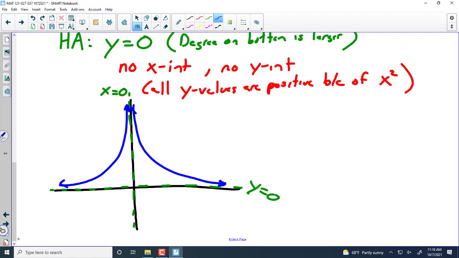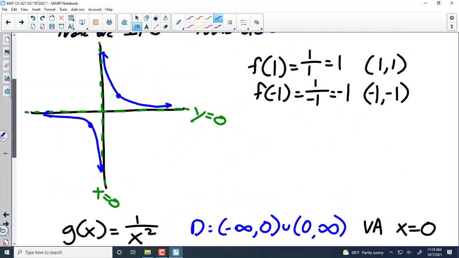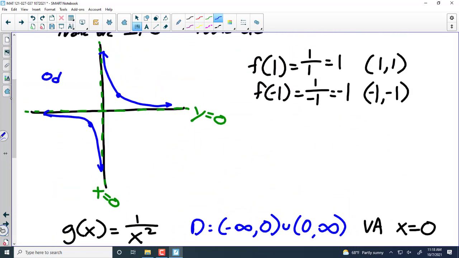This graph happens to be even. This graph happens to be odd.